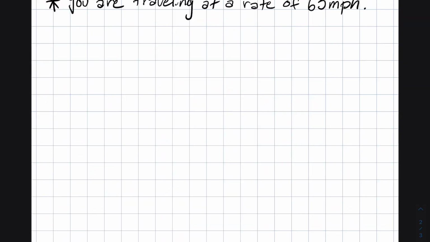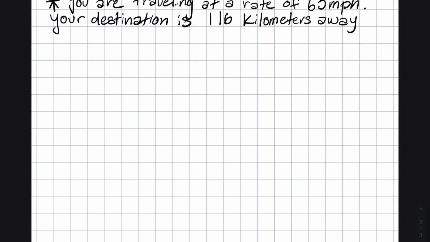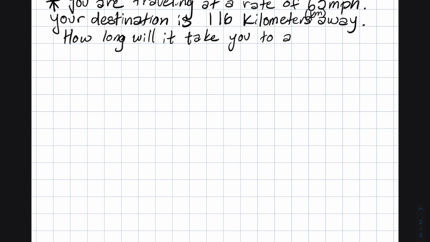On to our next word problem. Let's say you are traveling at a rate of 65 miles per hour and your destination is 116 kilometers away. And we want to know how long will it take you to arrive in seconds.